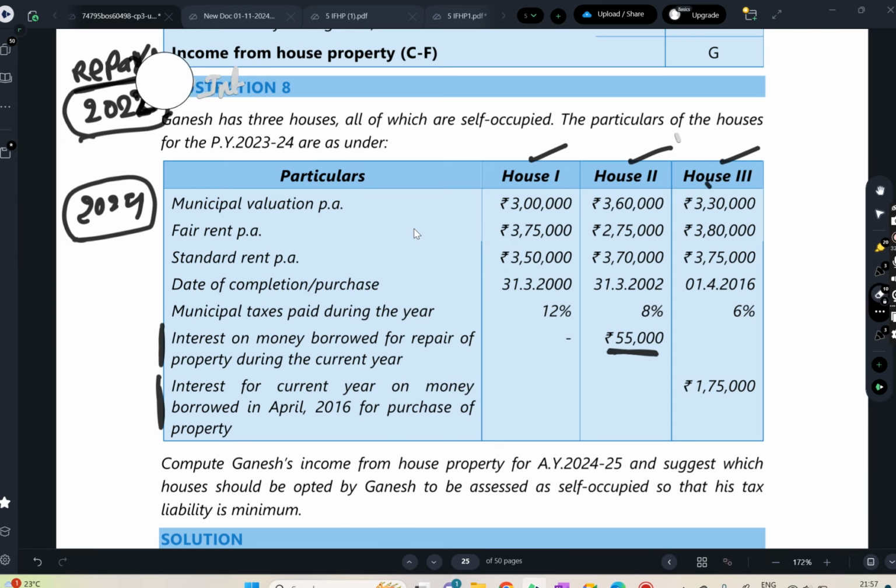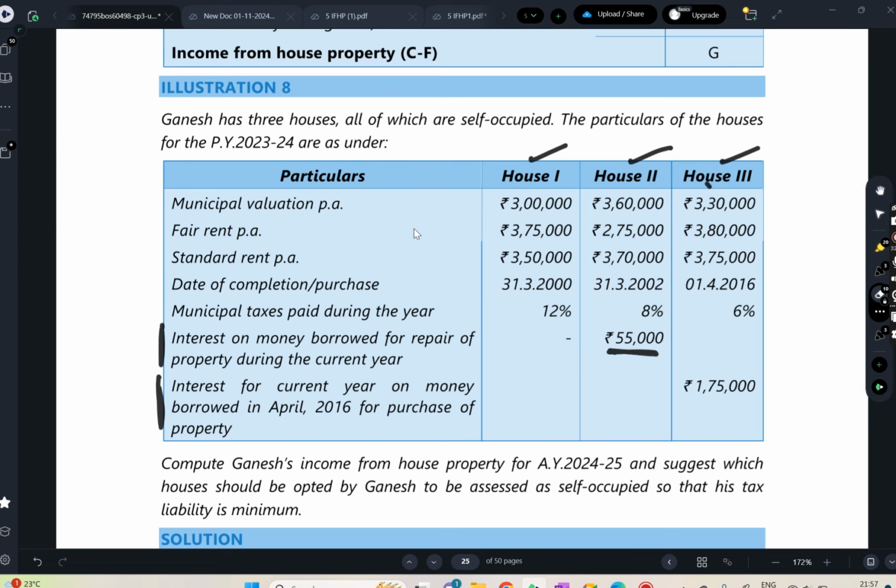What is our condition 2? You should have borrowed the loan only for the purchase or construction of a house. Yes. So that means if you have incurred it for the repairs, no. You should have borrowed only for the purchase or construction.